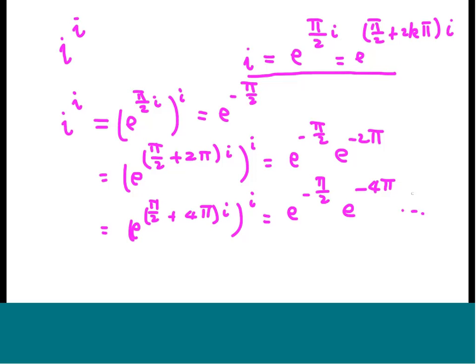Yes, for n even, actually. As long as n is even, then -1 is always a root of unity. So the same answer for the second part of the question.